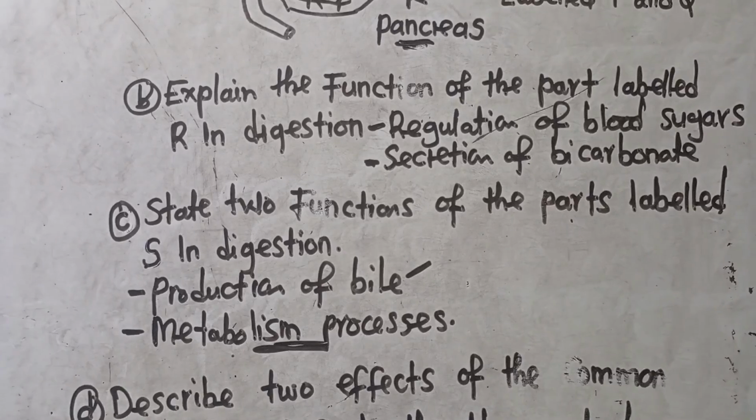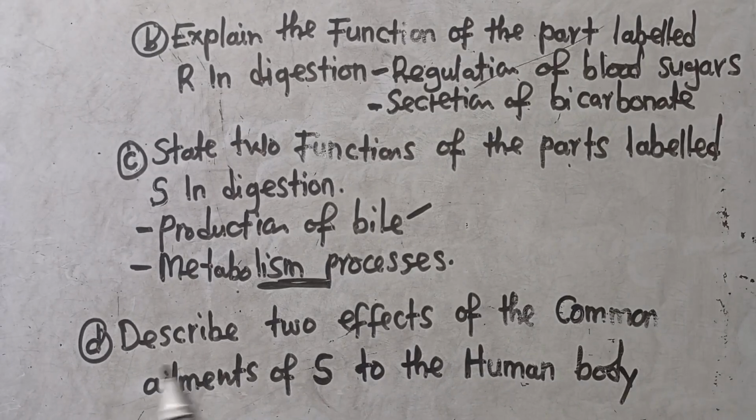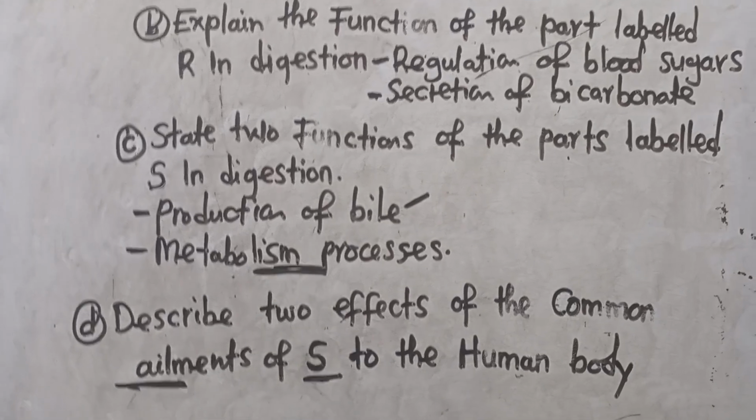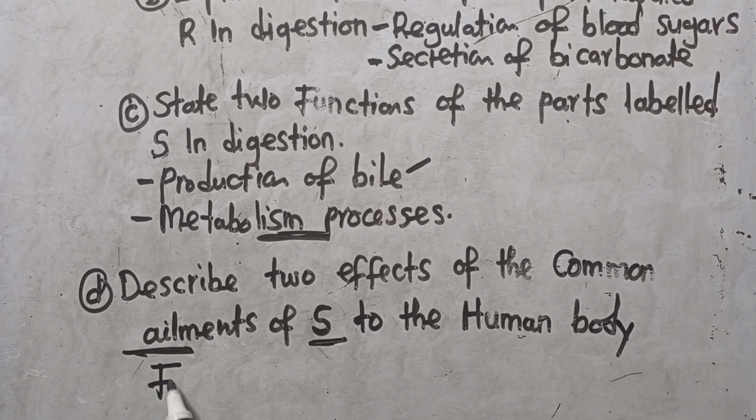We now go to this last question. Describe two effects of the common ailments of S to the human body. Some diseases are associated with S, which is the liver. One of the effects of liver ailments is fatigue.